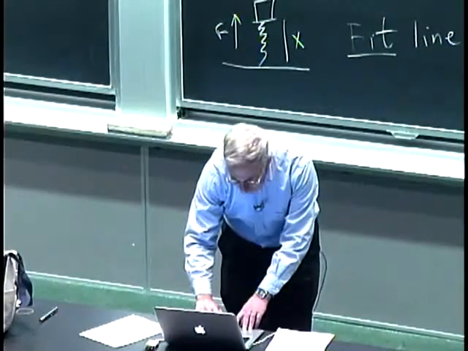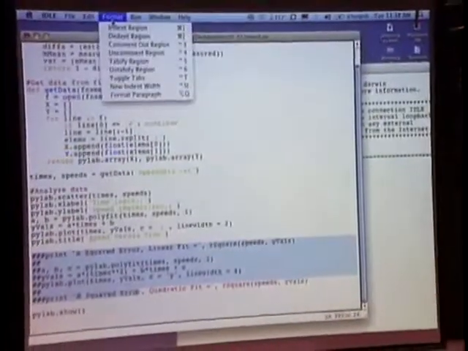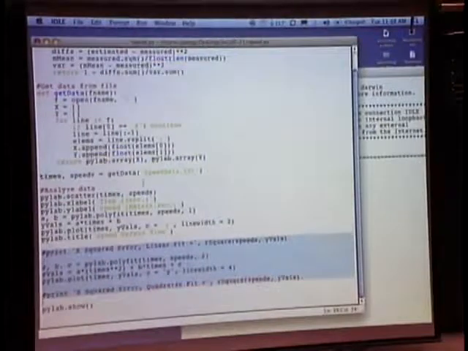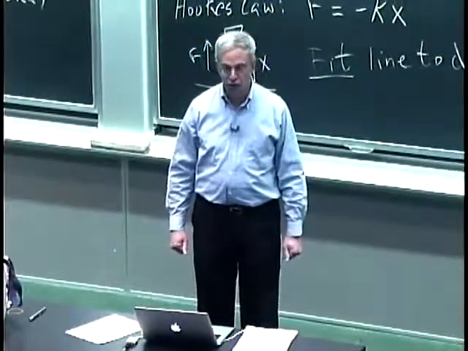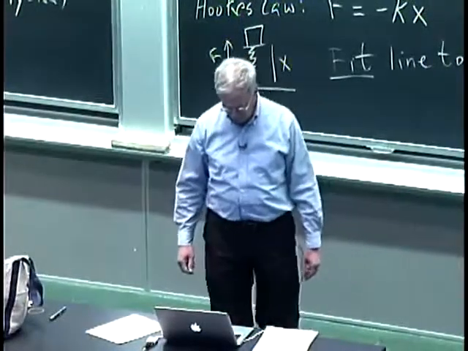Fortunately, it's just as easy to fit a parabola as a line. So let's look down here. I've done the same thing, but instead of passing it 1, as I did up here as the argument, I'm passing it 2, saying instead of fitting a polynomial of degree 1, fit a polynomial of degree 2. And now let's see what it looks like.